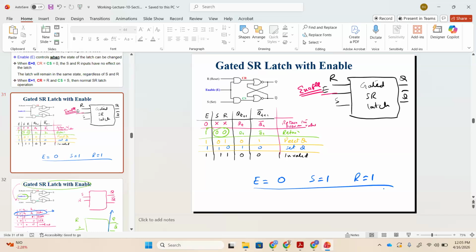Don't care. What will be QT? QT and QT bar. What will be the value of QT, and QT plus 1 whole bar?